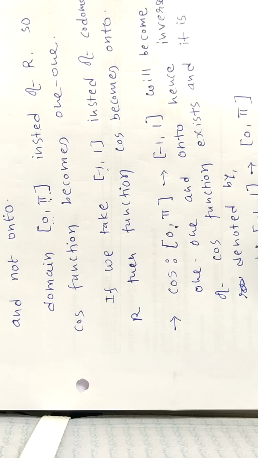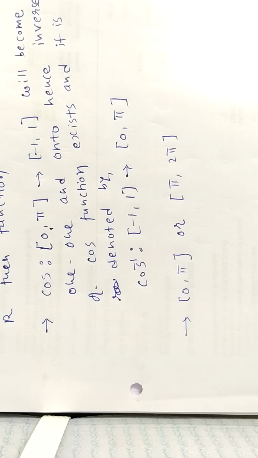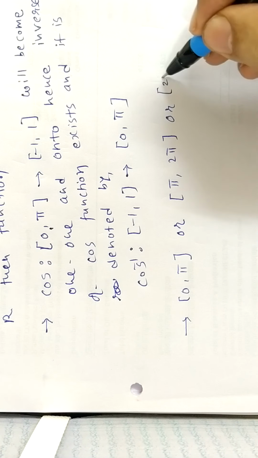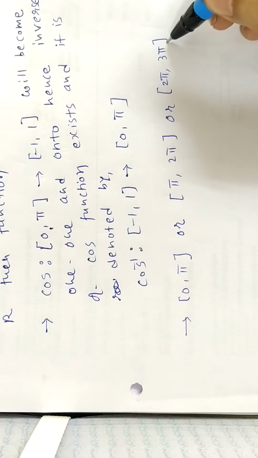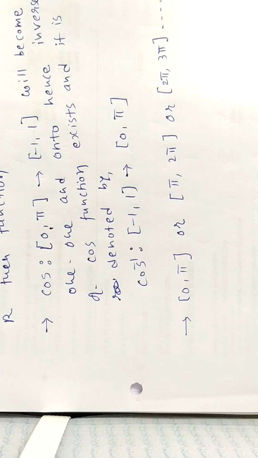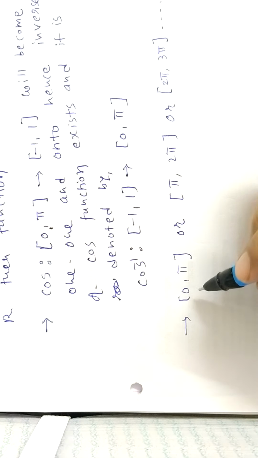This is the main or principal value of cos inverse x. We can take the domain 0 to pi or pi to 2 pi or 2 pi to 3 pi. In all mentioned intervals, 0 to pi, pi to 2 pi, 2 pi to 3 pi, cos becomes 1-1 and onto function.